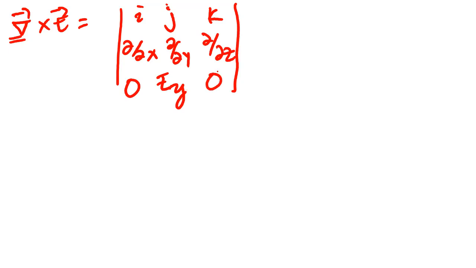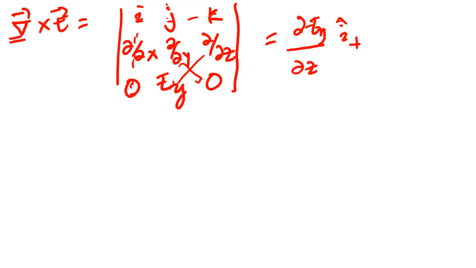So if I were to do that, basically I'm going to get along the x-axis dou by dou y, and this is 0, so I would get dou Ey by dou z along i, plus I would get dou by dou z of 0 and dou by dou x of 0.